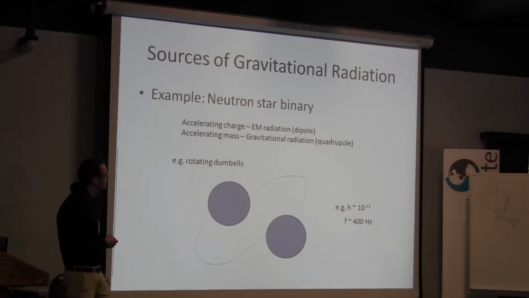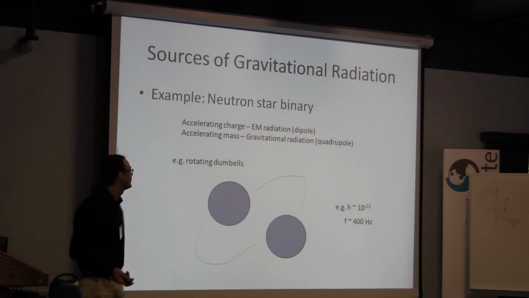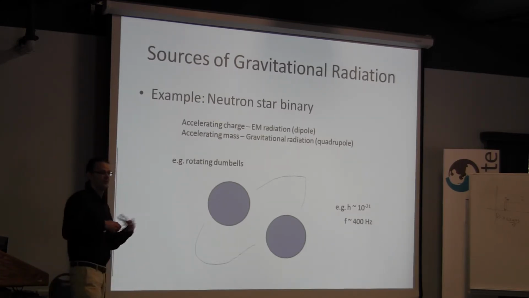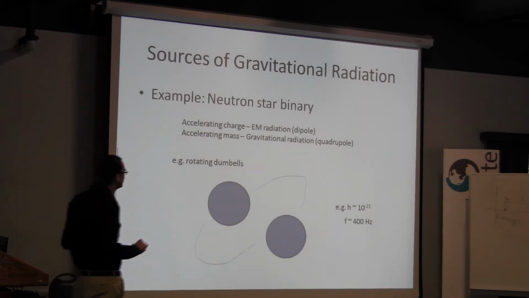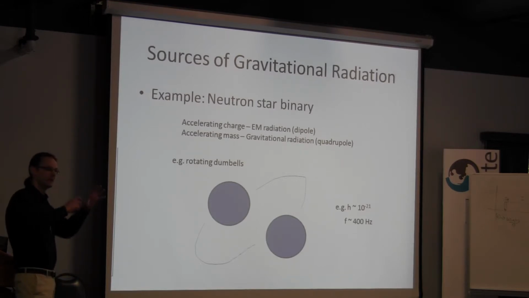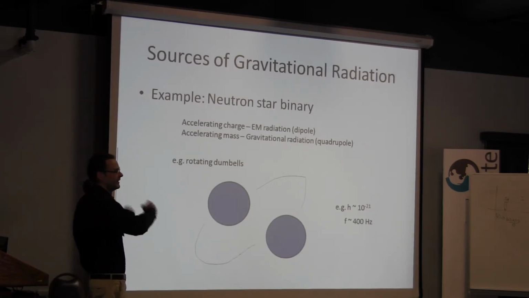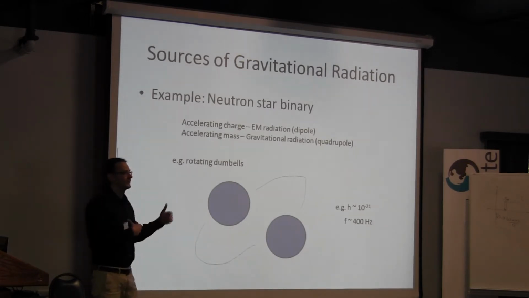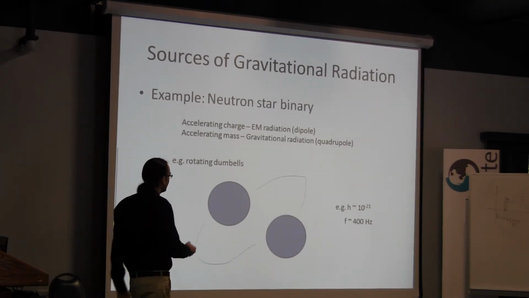Now it's not dipole radiation, it's quadrupole radiation. So I need some kind of asymmetric pattern rotating in order to generate a quadrupole moment. The canonical example is a rotating dumbbell. So you have two neutron stars that are undergoing some kind of in-spiral motion, and eventually they'll come together and coalesce.